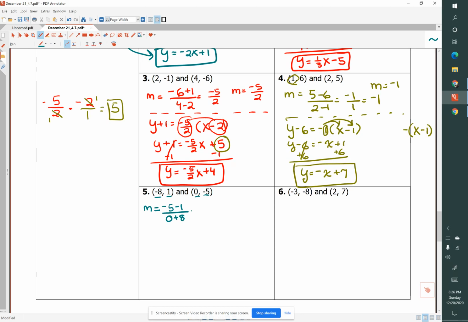I'm sorry, I almost misspoke that. Okay, moving on, we've got negative 6 over 8, which we can reduce to negative 3/4. So our slope equals negative 3/4.